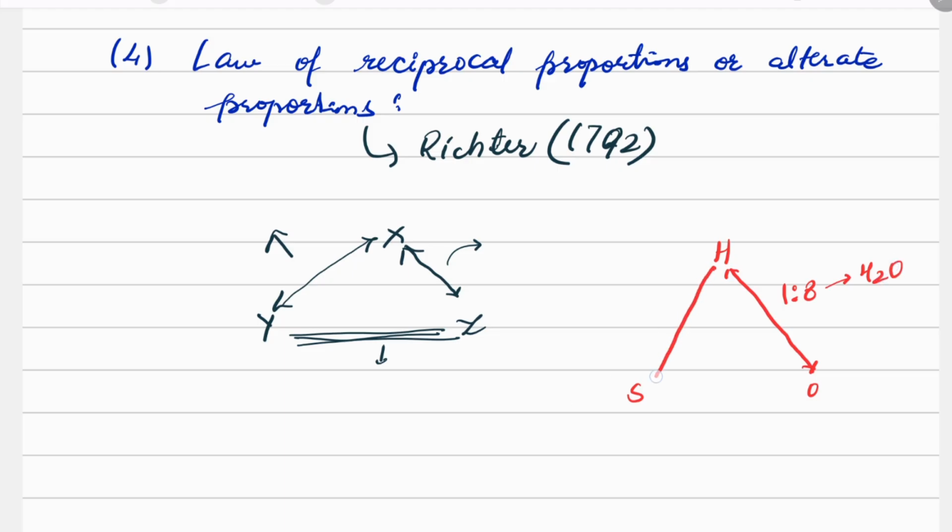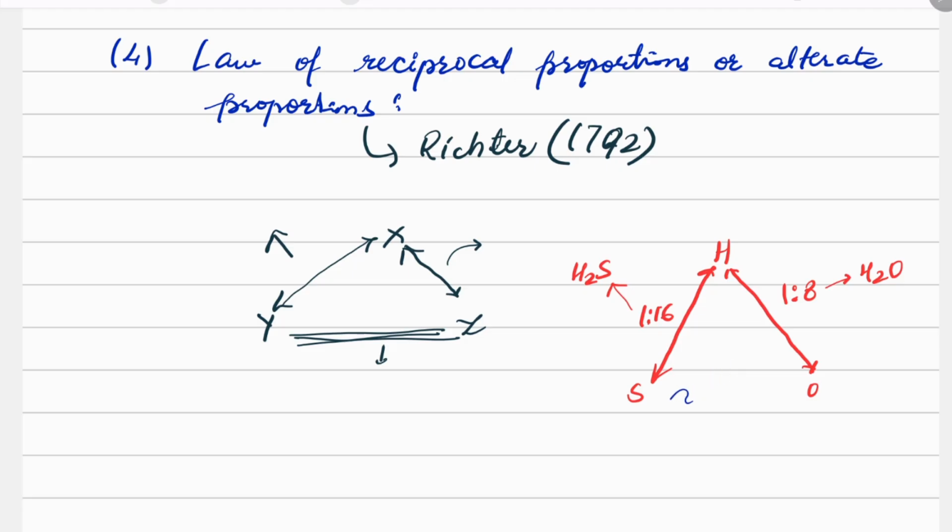When hydrogen and sulfur we are taking, okay, so we are taking their ratio 1:16. Okay, and they are forming H2S, which is hydrogen sulfide.